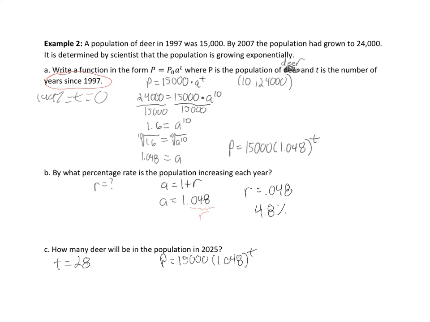That's how I know t is 28. So we're going to calculate P equals 15,000 times 1.048 to the 28th power. To 2 decimal places, that gives me 55,745.16. But I would say to round that, because we're talking about deer, I'd say we have about 55,745 deer in 2025.